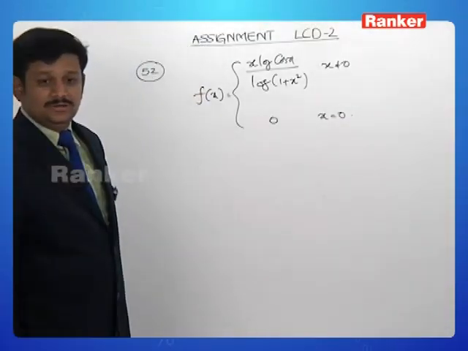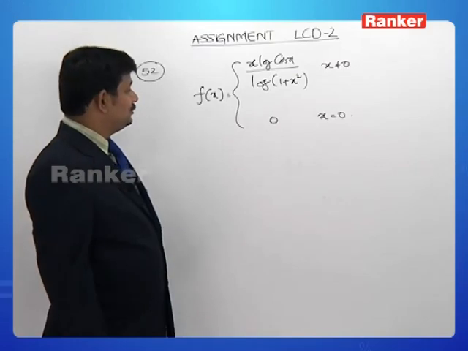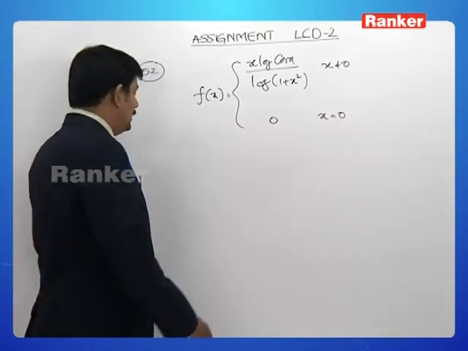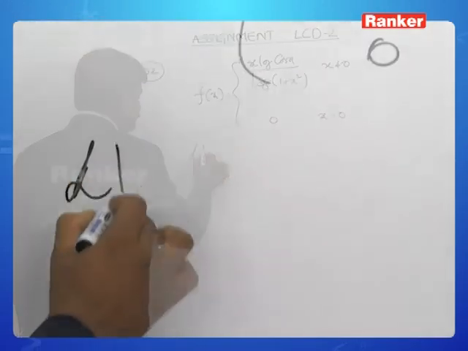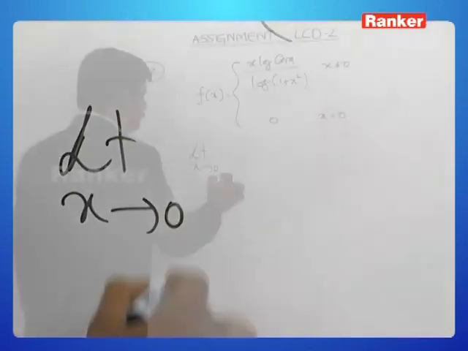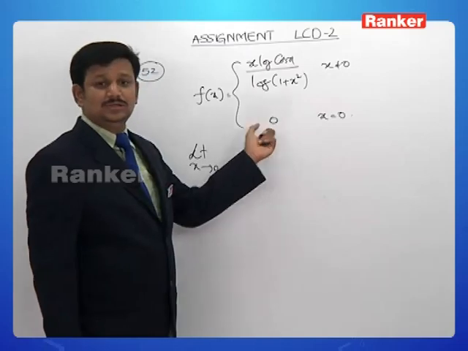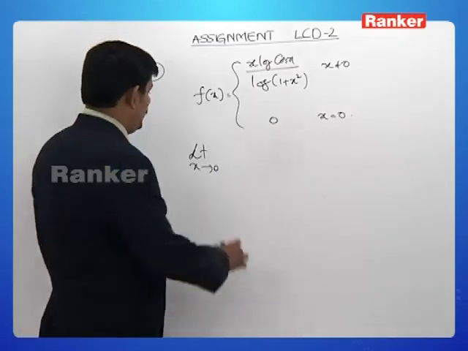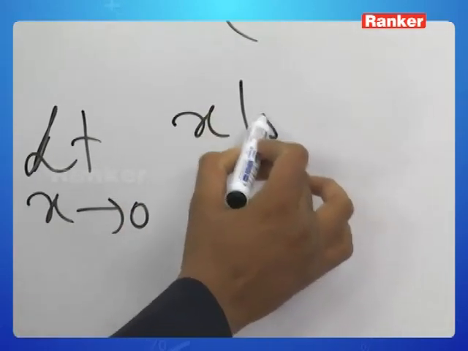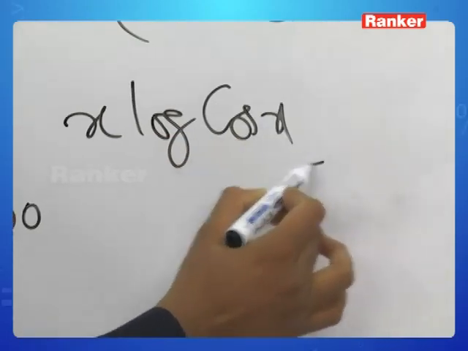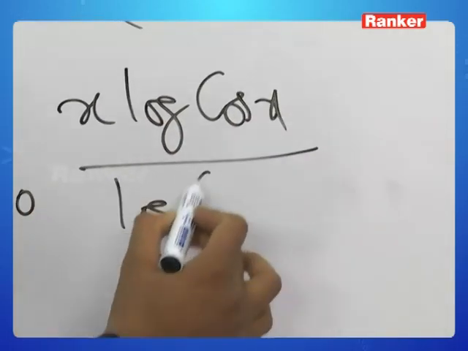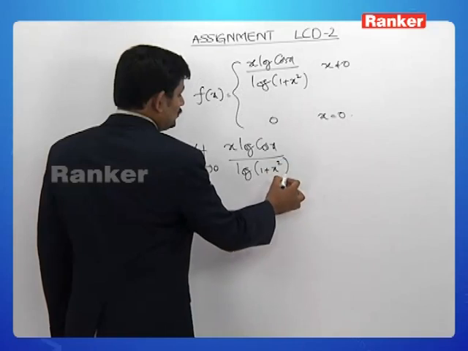For this function, we need to discuss continuity and differentiability at x equal to 0. Let us start with checking continuity. For continuity at 0, limit x tending to 0 of f of x needs to be equal to f of 0, which is 0. Limit x tending to 0, x log cos x divided by log of 1 plus x square.